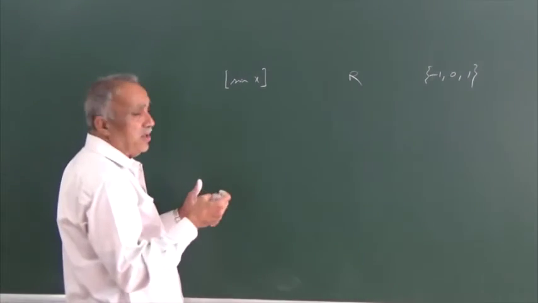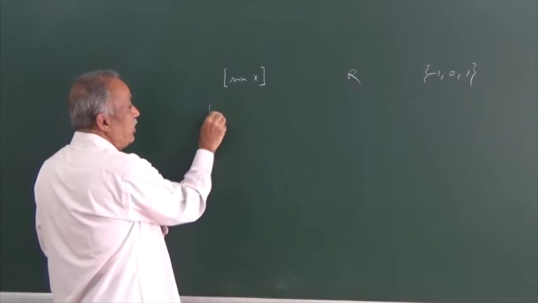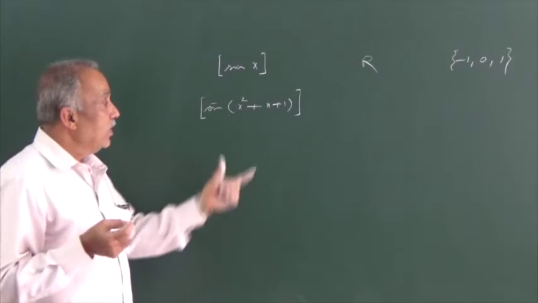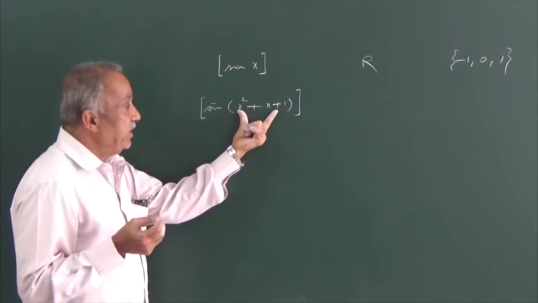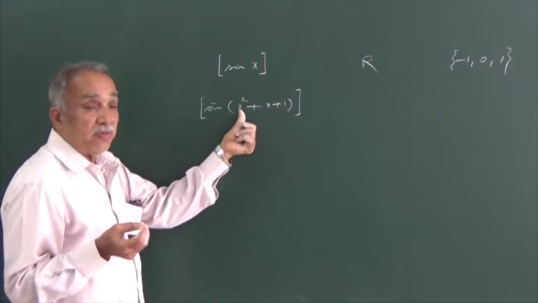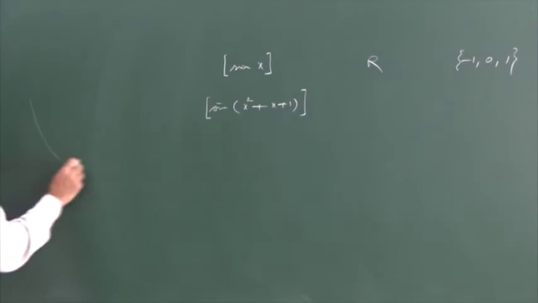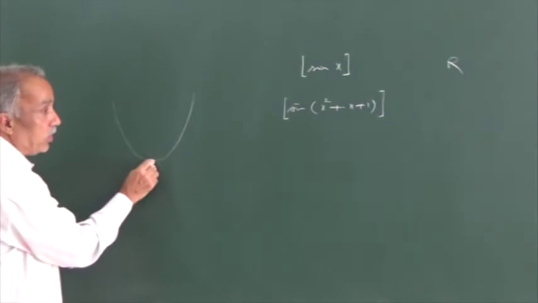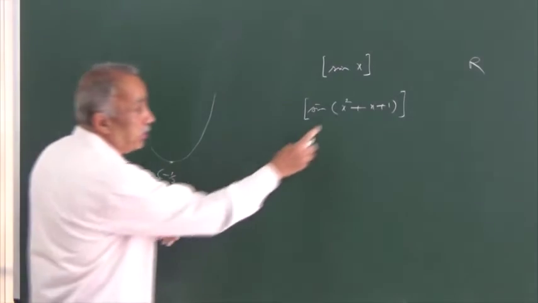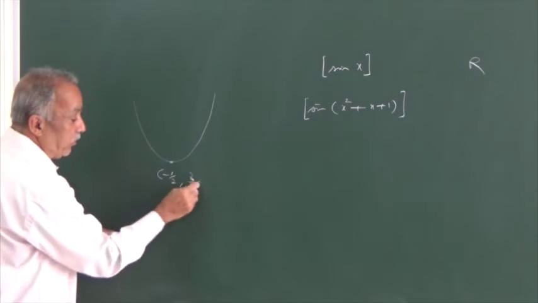Let me try slightly more complicating the expression appearing here as the argument of sin, say x square plus x plus 1. The argument of the function sin here is x square plus x plus 1, a quadratic with the x square coefficient positive. So, we will have as graph a parabola with vertex below, the x coordinate of the vertex being minus half, minus b by 2a, and the y coordinate minus 1 by 4 minus half plus 1, which is 3 by 4.